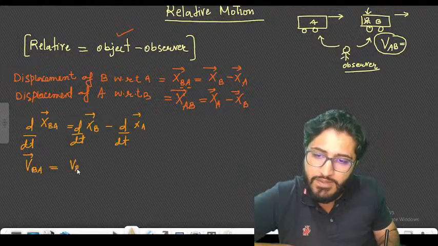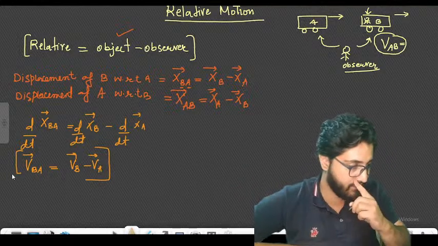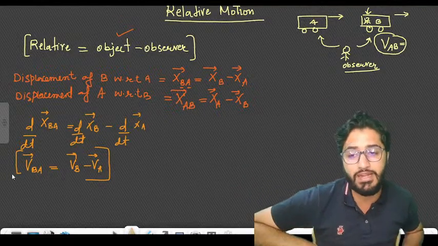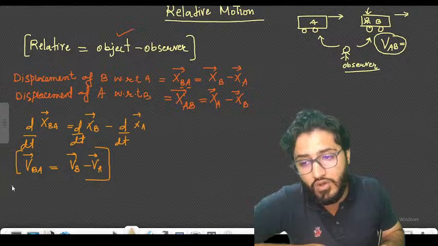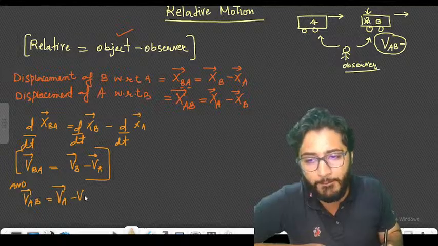This will be VB. This will be VA. So by this mathematical calculation, VBA equals to VB minus VA. And one more thing, so you can write VAB equals to VA minus VB.